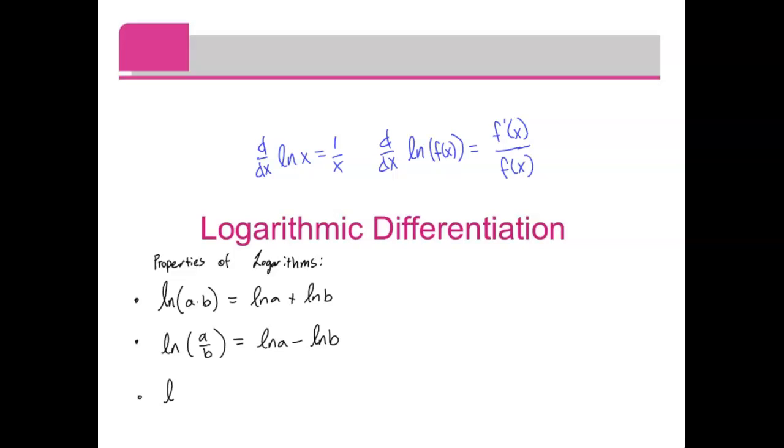And the last is that if you have natural log a to a power of b, you can rewrite that where b is the coefficient of natural log a. And so we're going to use these 3 properties to expand and make taking derivatives of complicated functions a little bit easier.